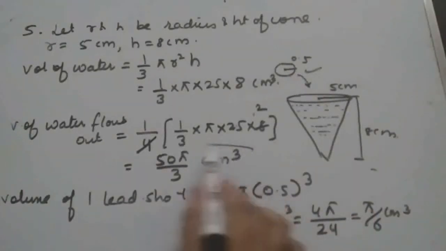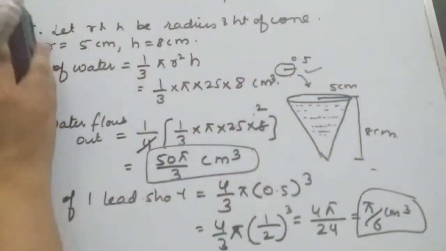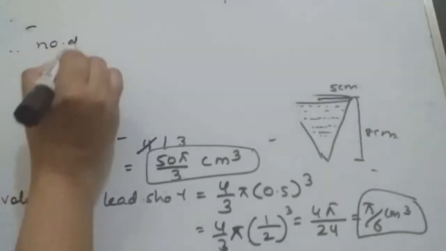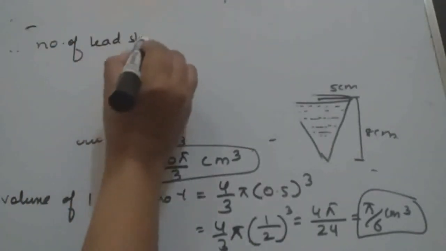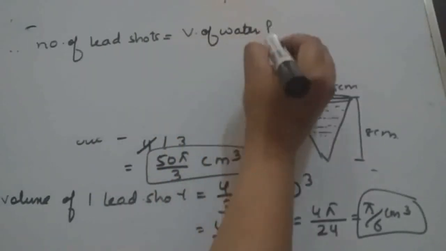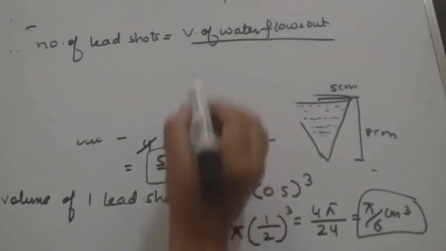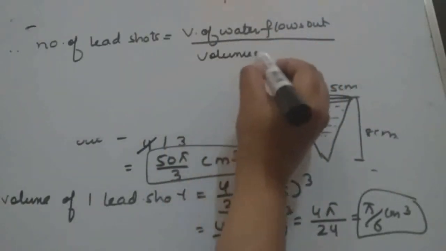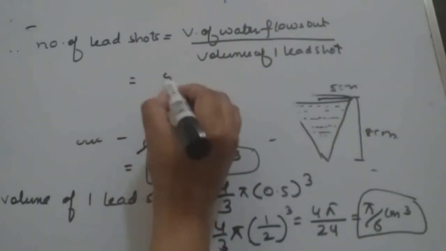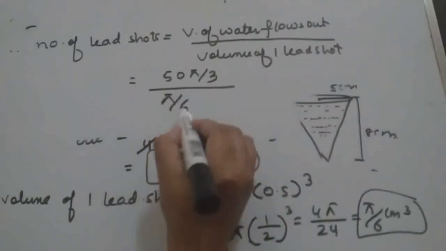Okay. So we got this and this. Now what will be the number of lead shots? Therefore, the number of lead shots equals the volume of water flowing out divided by the volume of one lead shot, that is 50 pi by 3 divided by pi by 6.